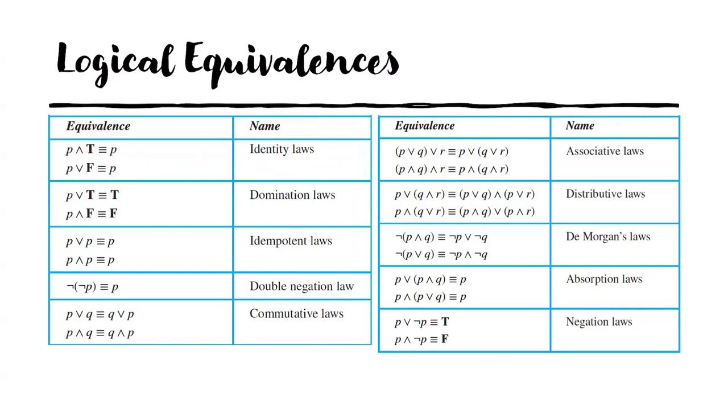So when you do a conjunction with a tautology, or when you do a disjunction with a contradiction, you will get your original proposition back. It's equivalent to just the original proposition.